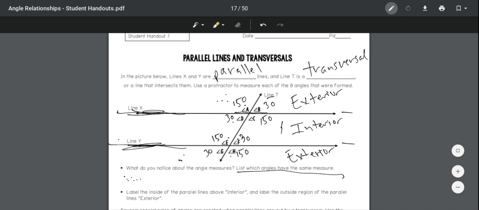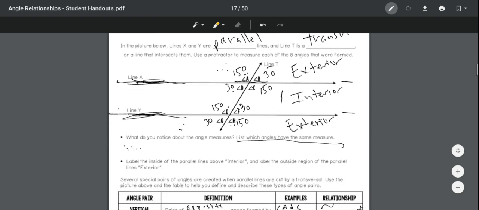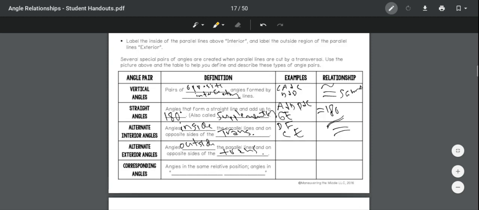And so when they alternate, A and H are alternate exterior. And we really should be putting the angle signs in between them. And then B and G. And their relationship is, again, congruent.